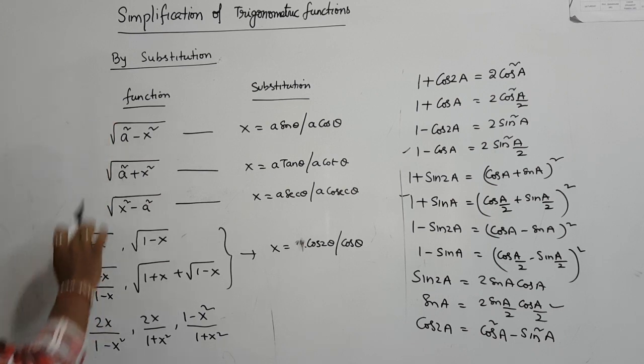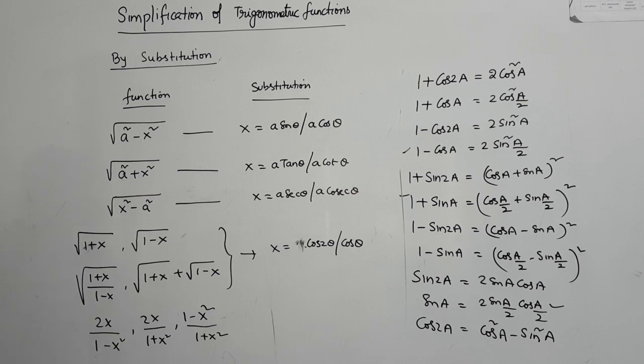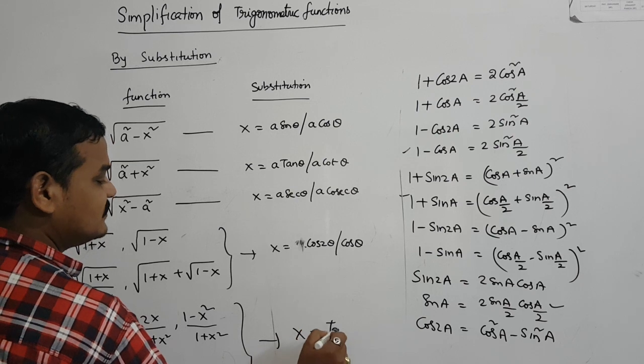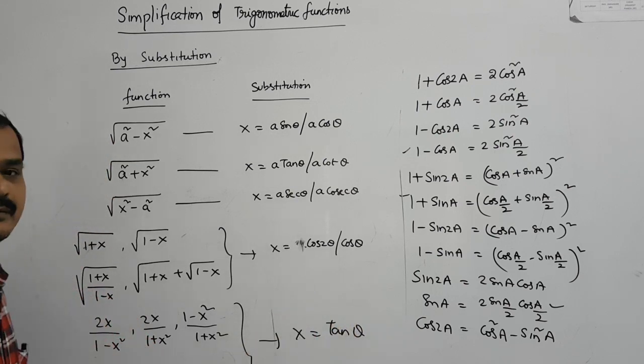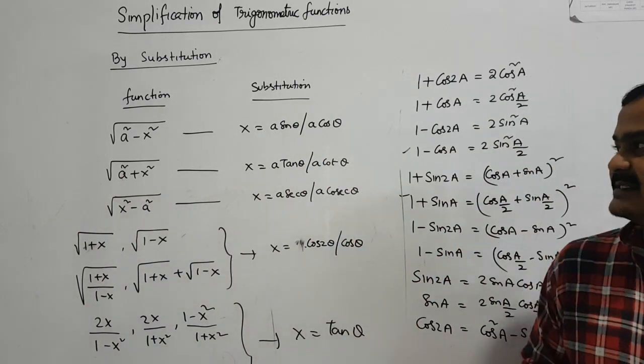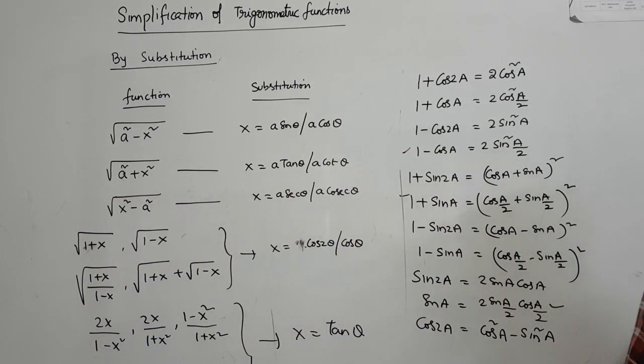The earlier ones are linked with roots, but here there are no roots. For these, the substitution is x is equal to tan theta. So these are the main fundamental and proper substitutions we can use while simplifying the problems. So what are the simplifications?